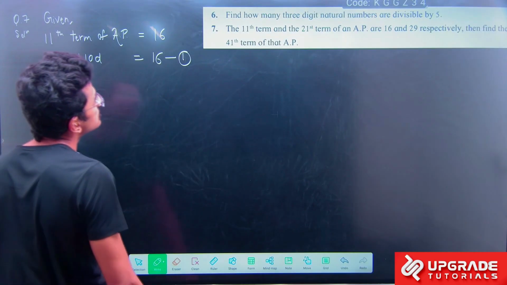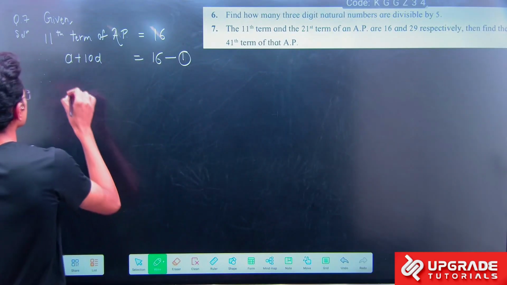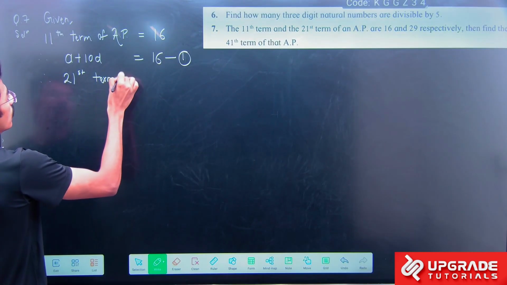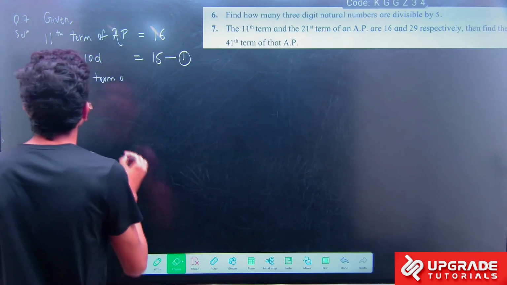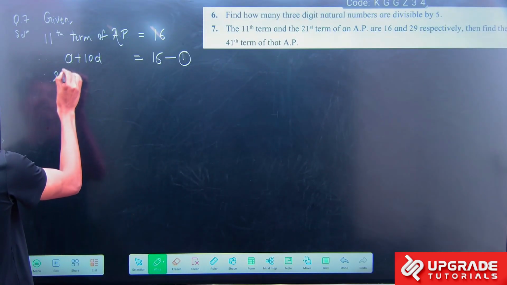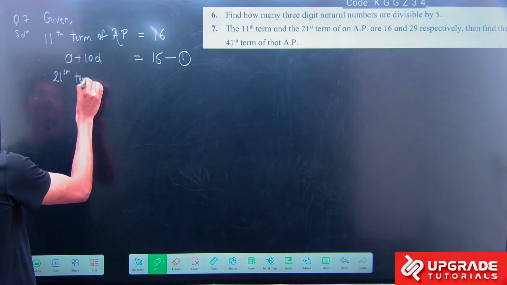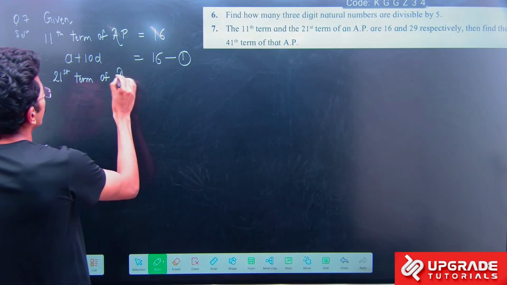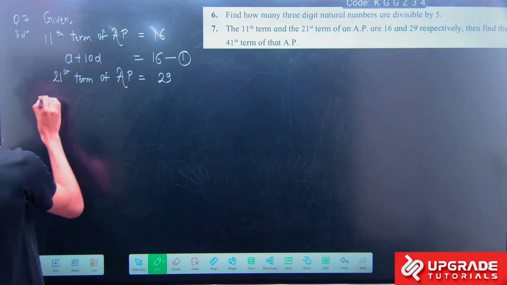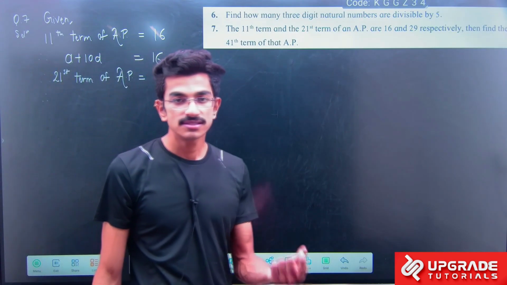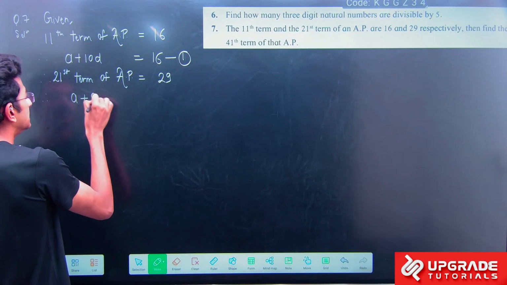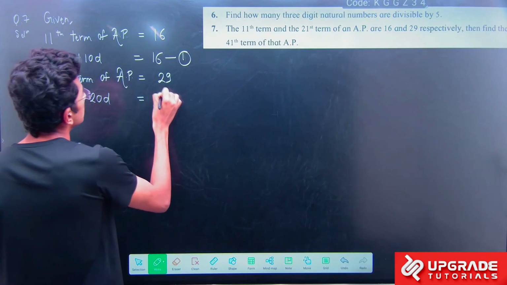Therefore, similarly, what is given? The 21st term is equal to 29. Now what is the 21st term? Just subtract one from the number. It is a plus 20d, which is nothing but 29.